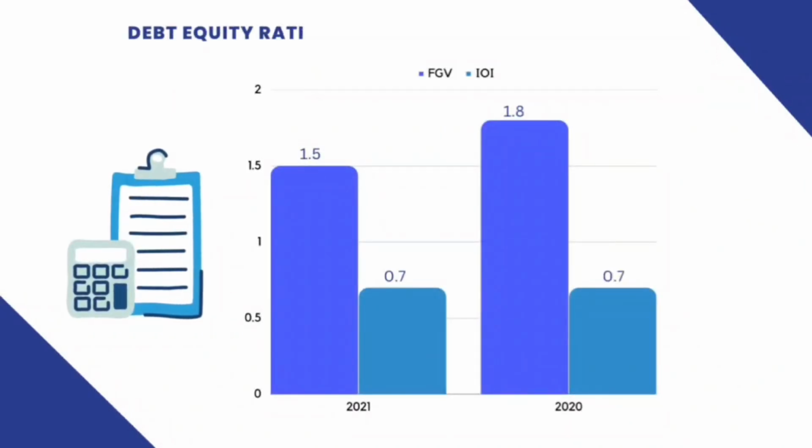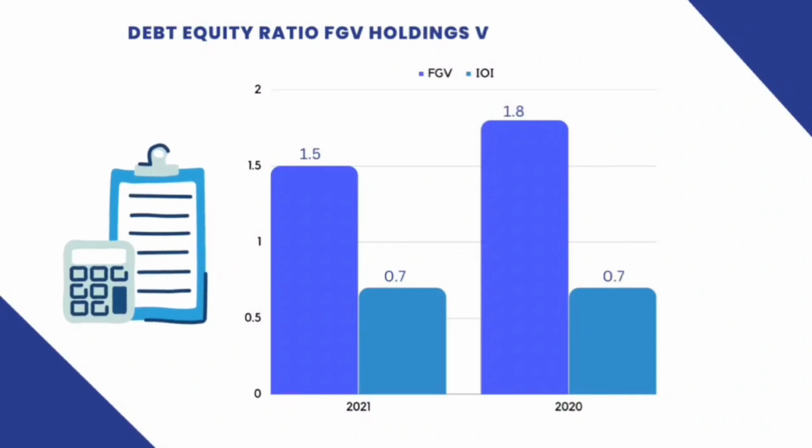As the diagram shows, from 2020 to 2021, IOI had the same ratio, which stayed at 0.7, and FGV in year 2020 stayed at 1.8 and dropped to 1.5. Therefore, IOI Corporation maintained its debt equity ratio, which is low financial risk. Conversely, FGV had high investment risk.